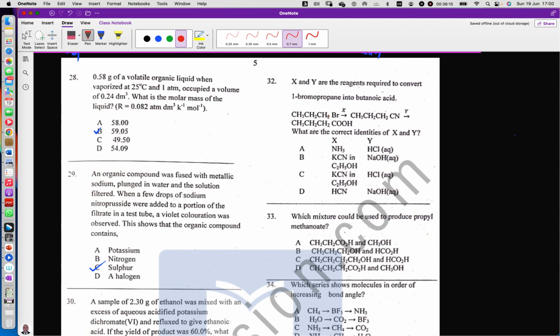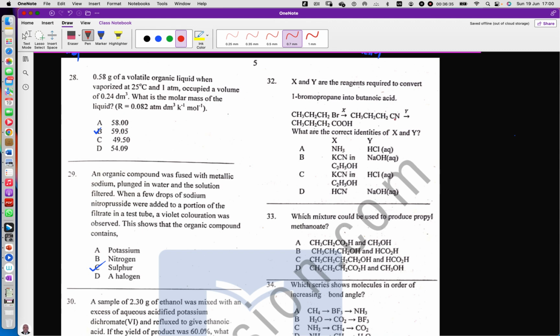It will be CH3, CH2, CH2, and CN. In that case, we will obtain a nitrile.